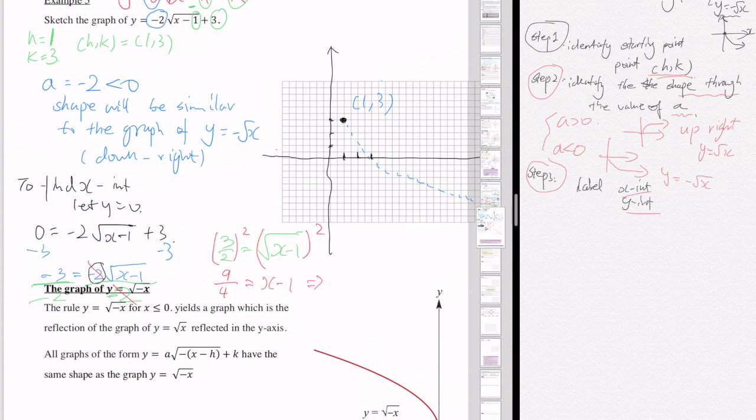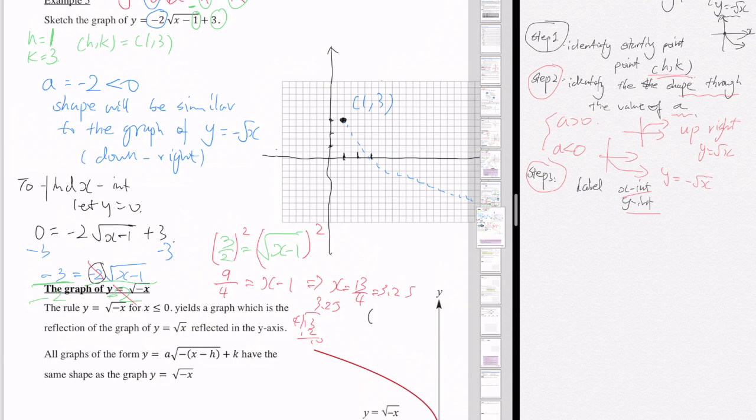If you simplify, x will be equal to 13 over 4, so 13 divided by 4 is 3.25.